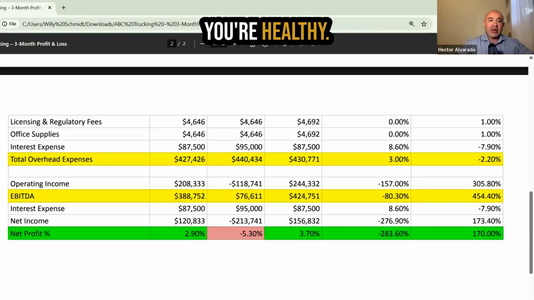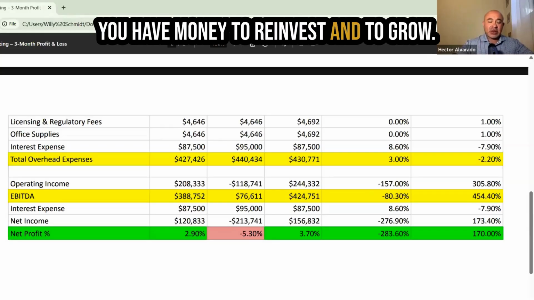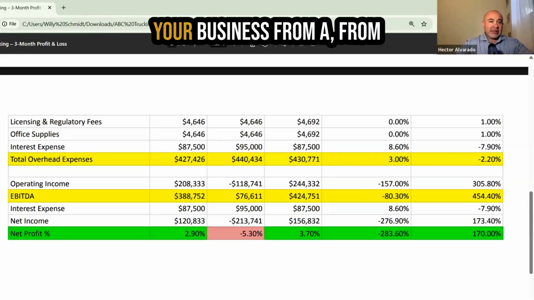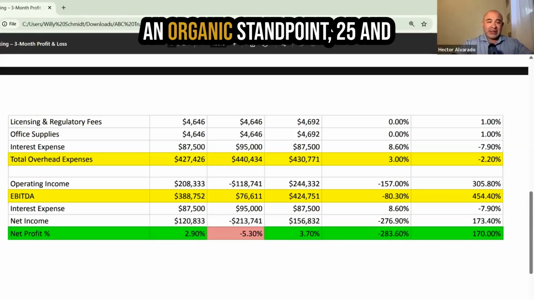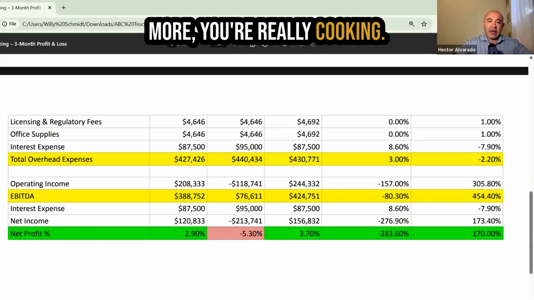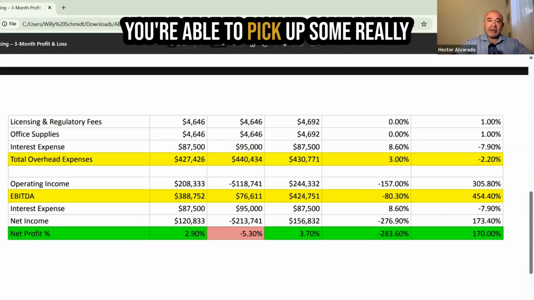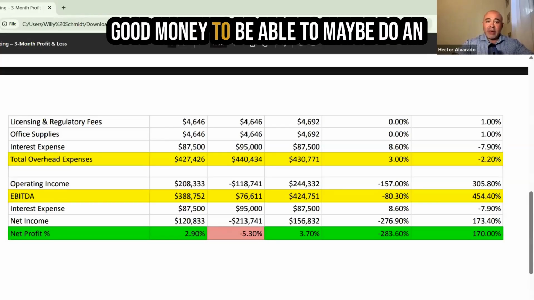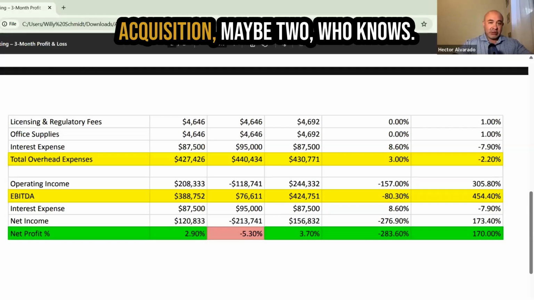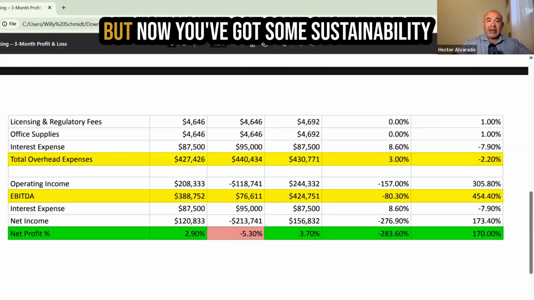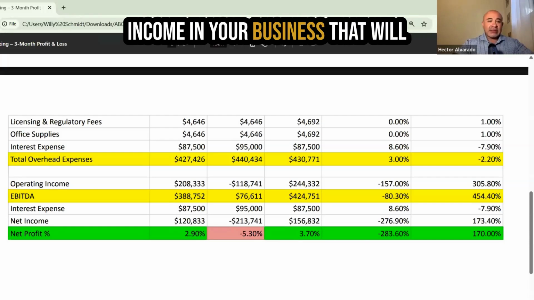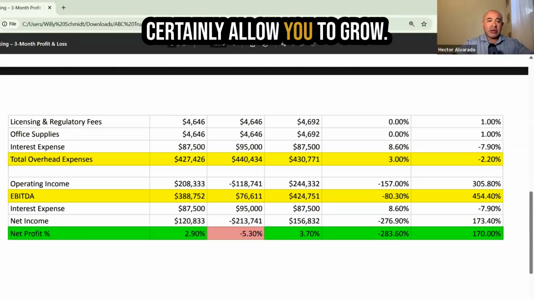You're healthy. You have money to reinvest and to grow your business from an organic standpoint. 25 and more, you're really cooking. You're able to pick up some really good money to be able to maybe do an acquisition, maybe two, who knows. But now you've got some sustainability income in your business that will certainly allow you to grow.